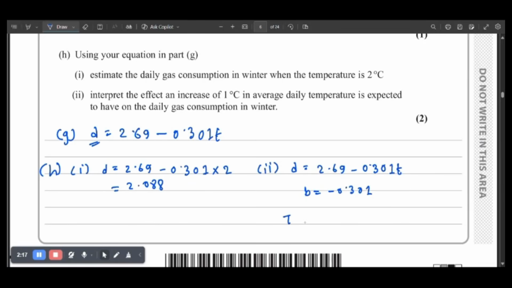So we will just write this: the gas consumption will decrease by 0.3 meter cubes. This is the interpretation. The gradient of the function shows us that if the temperature increases by 1 degree Celsius, the daily gas consumption decreases by 0.30 meter cube. So that is what we have written.